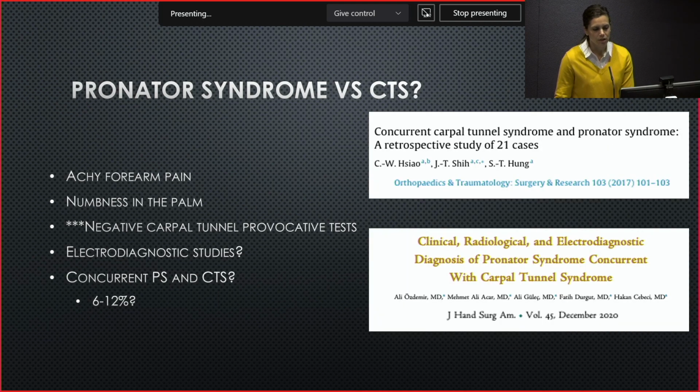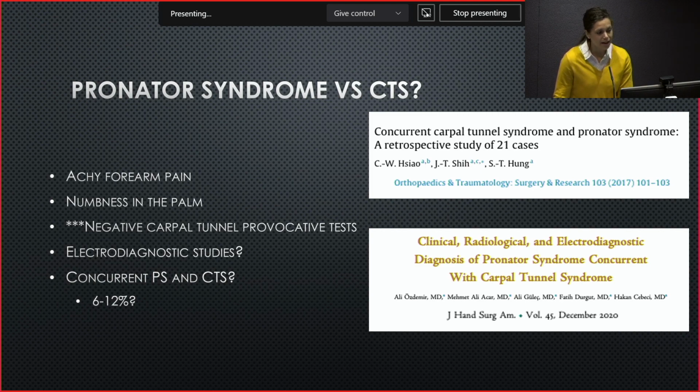So how do you differentiate pronator syndrome from carpal tunnel syndrome? The few big things are that in pronator syndrome, these patients generally have achy forearm pain over the pronator. They also will have numbness in the palm, as we discussed, in the thenar eminence of the palm.